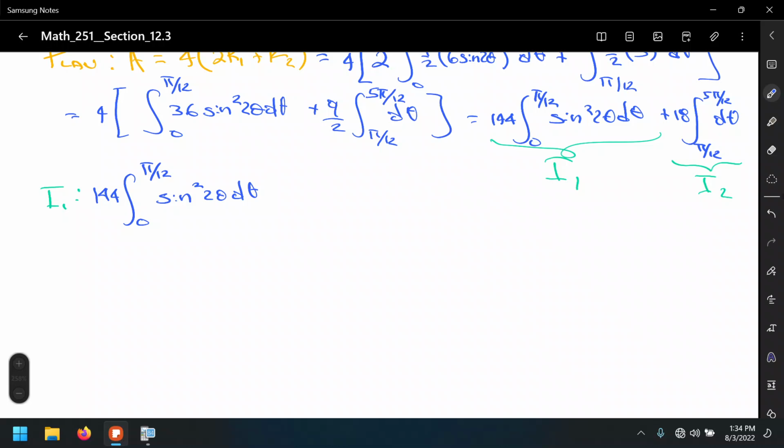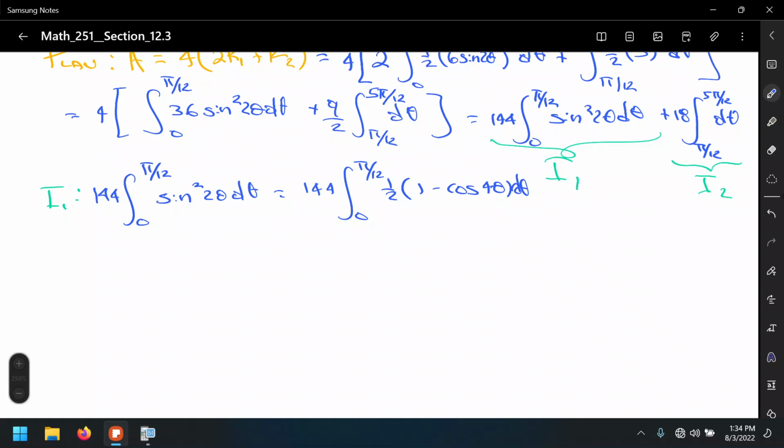So we're going to use the power reduction formula, which in this case gives 144, integral from 0 to pi over 12, of 1/2 times 1 minus cosine of 4 theta, right? And be careful when using the power reduction formula because we duplicate the angle. If it's already 2 theta, that doubles to 4 theta.